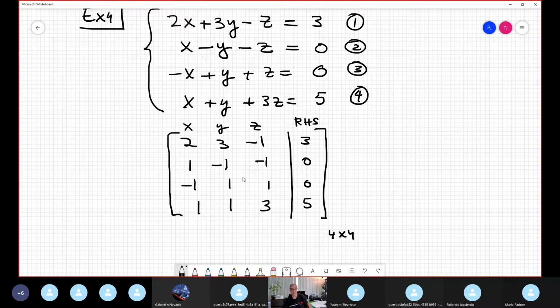When the number of rows and the number of columns coincide, this is called a square matrix. 1, 2, 3, 4, 1, 2, 3, 4. Okay, now apply reduced row echelon form, and we have a surprise.